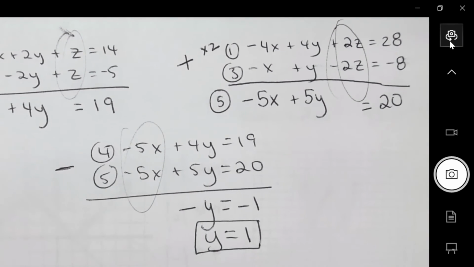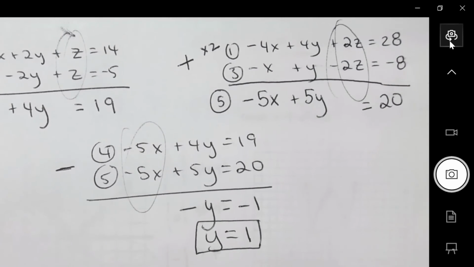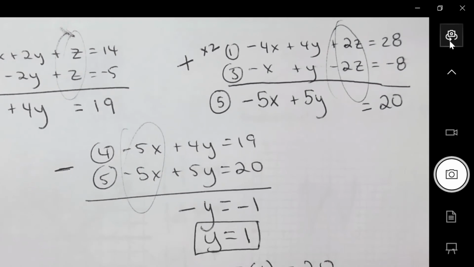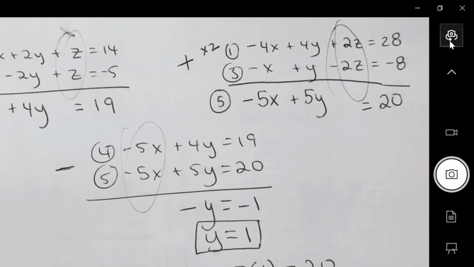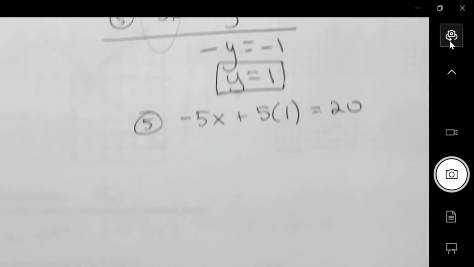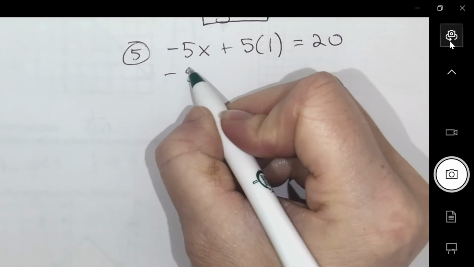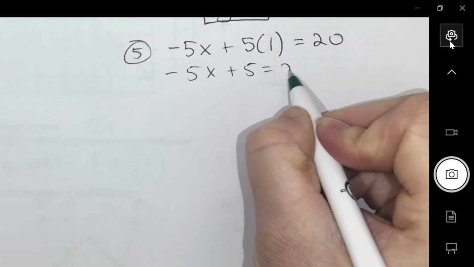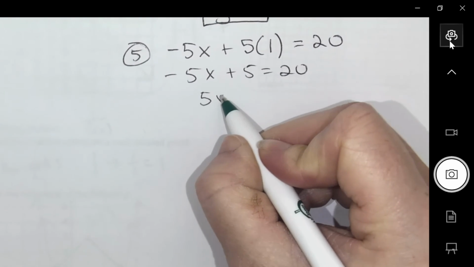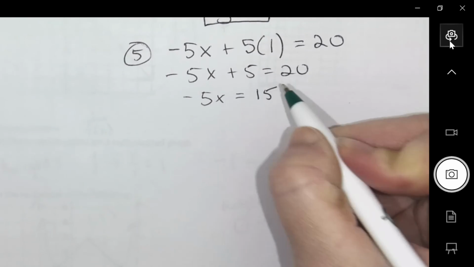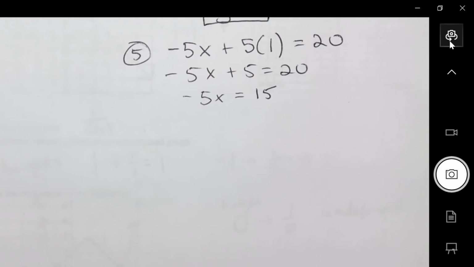I'm just going to go with 5. So negative 5x plus 5y, replace with a 1. Okay, so do some algebra, minus the 5 to the other side.